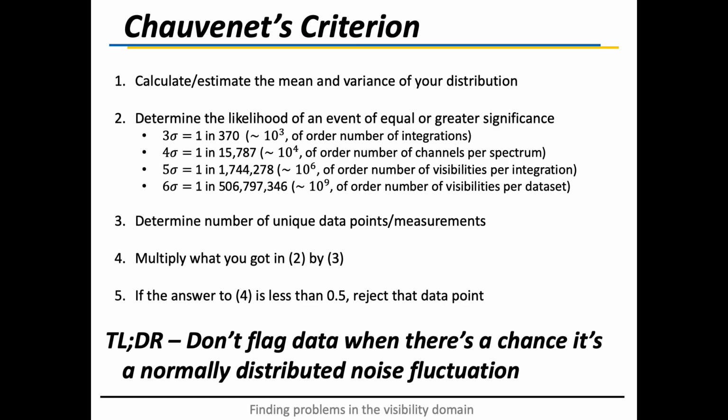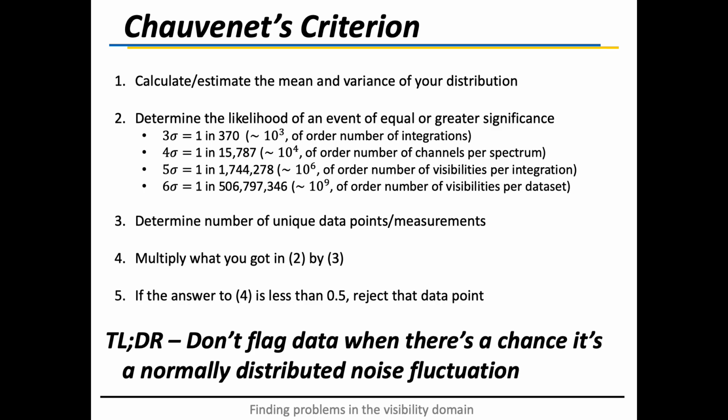If you're looking at a particular data point, you should determine the likelihood of it existing given the variance and mean that you calculated. I've quoted a couple of numbers in terms of significance here, describing them in terms of their number of standard deviations for a normal distribution, what's called sigma.